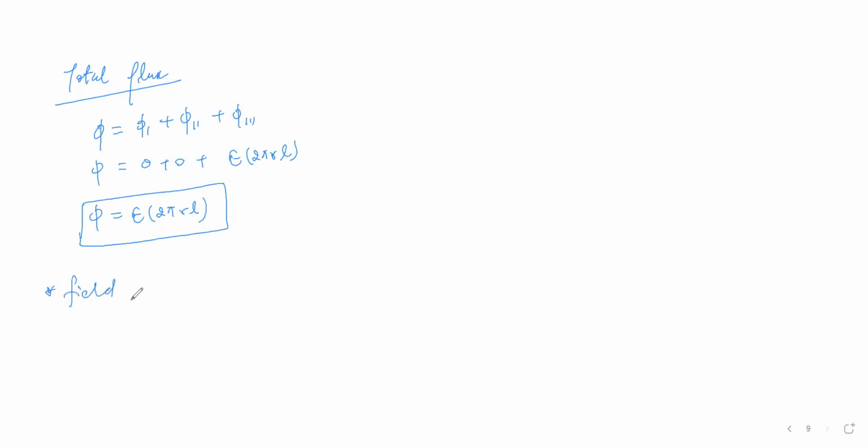For the field, how can we calculate the field? For the field calculation, we already know, calculation of field: phi is equal to Q over epsilon naught.